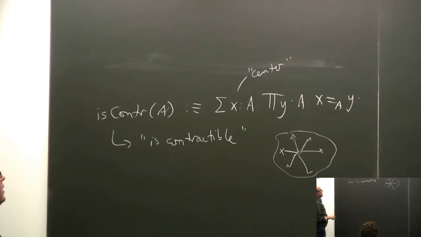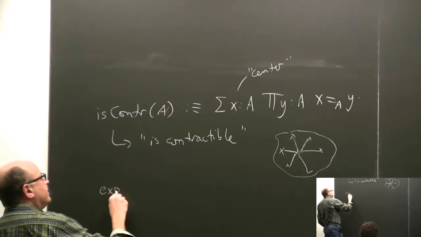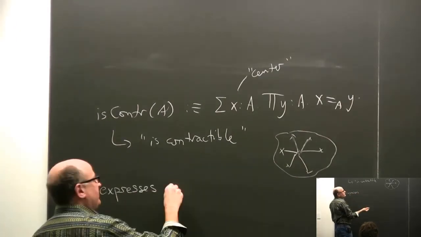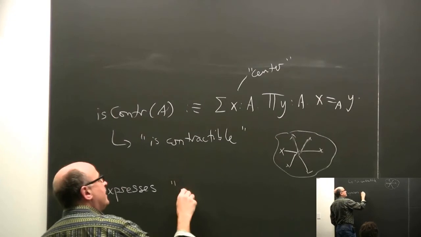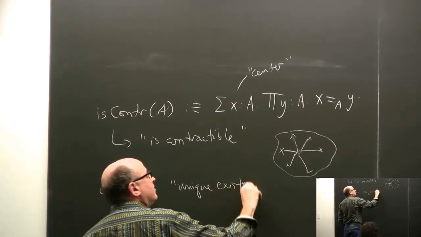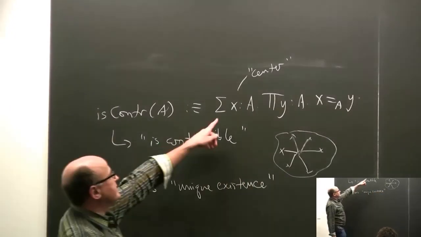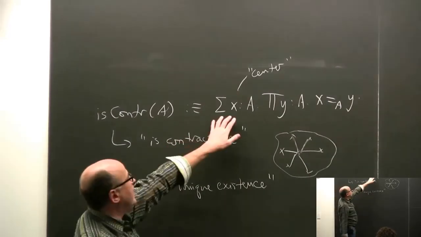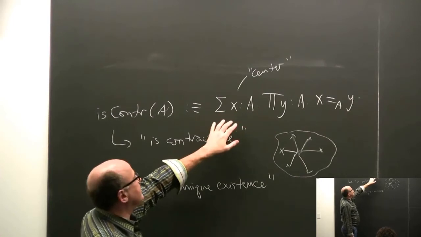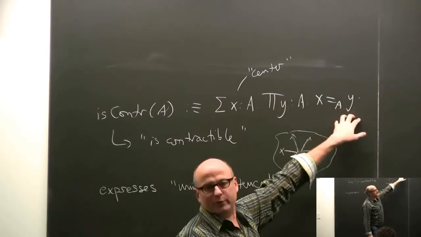The other way to think about it, and we're going to use this, is that it expresses, in isolation, the idea of unique existence. We're going to discuss an instance of this shortly, but the idea is it says there exists something in A such that every other thing in A is equal to it.